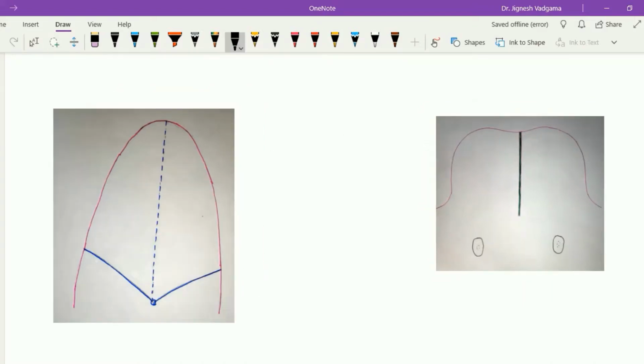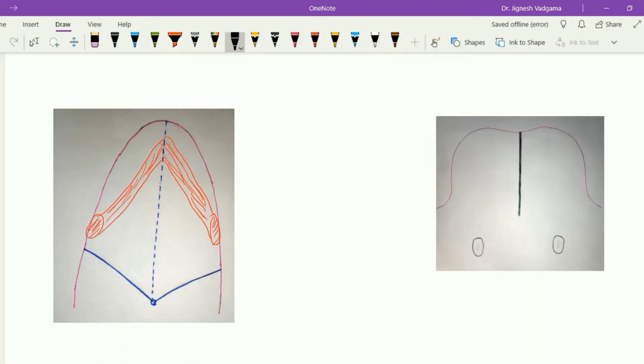When we see the inferior longitudinal muscle, it also lies beneath the mucous membrane of the under surface of the tongue and deep to the insertion of the hyoglossus muscle, as we have already discussed. Both muscles arise from the posterior part of the side of the tongue, somewhere here, and these muscles converge with each other and insert into the anterior part of the median fibrous septum.